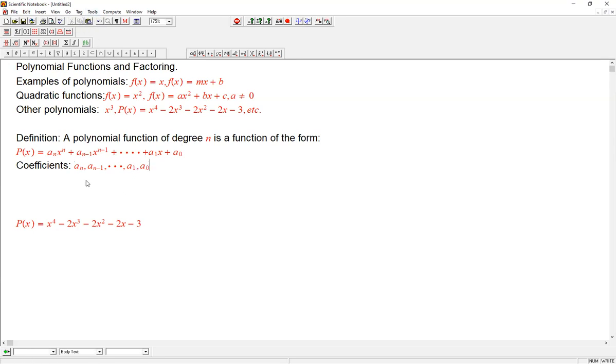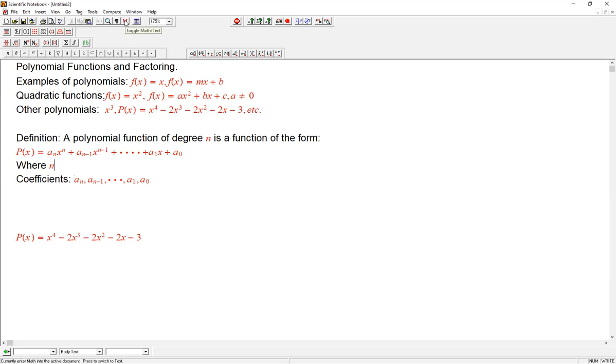So a sub n minus 1, a sub 1, a sub 0, these are called coefficients. And here we specifically require that a sub n should not be 0. We also have a special requirement that n is a non-negative integer, meaning it can be 0, 1, 2, 3, 4, 5, 6, 7, 8, 9, keep going, natural numbers.